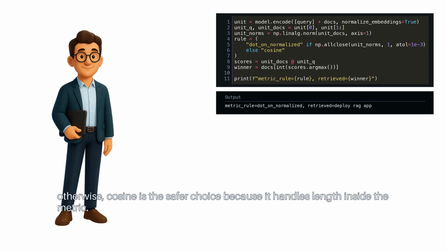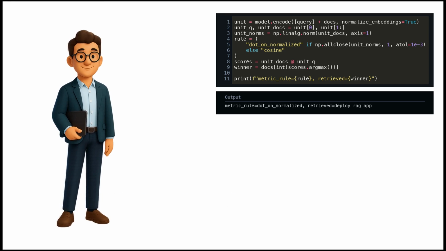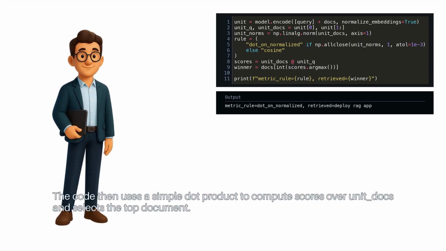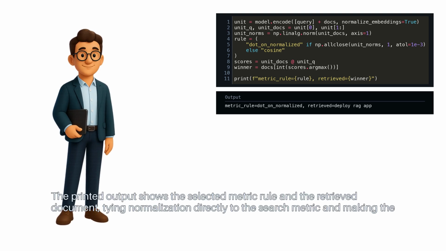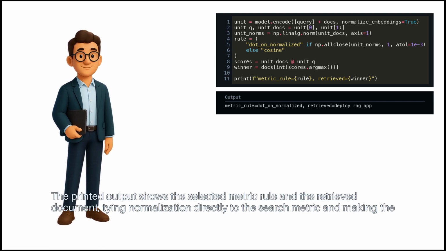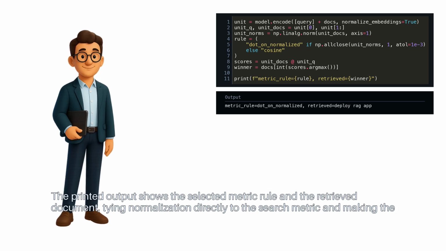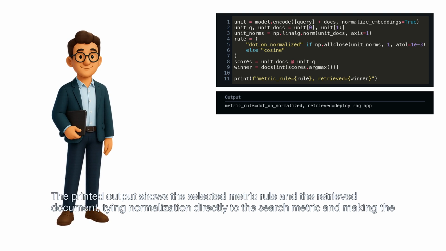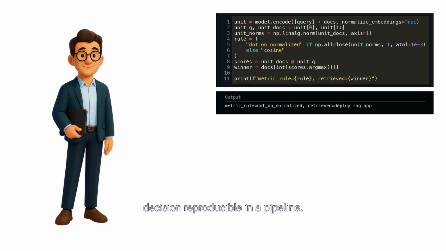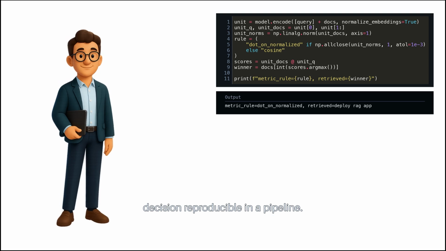Otherwise, cosine is the safer choice because it handles length inside the metric. The code then uses a simple dot product to compute scores over unit_docs and selects the top document. The printed output shows the selected metric rule and the retrieved document, tying normalization directly to the search metric and making the decision reproducible in a pipeline.